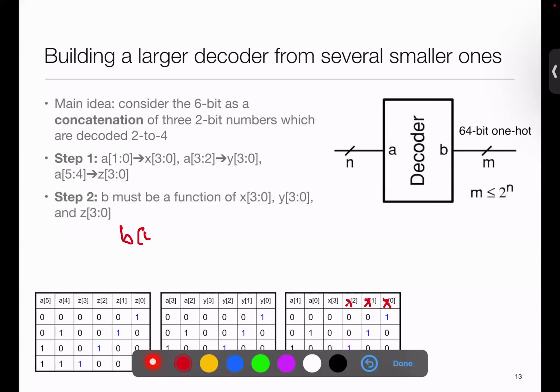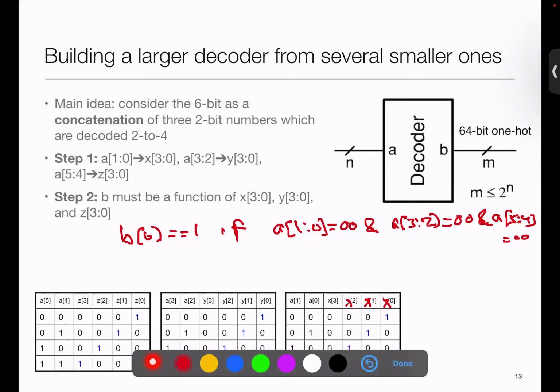I can say B0 equals 1 if A1 colon 0 is 0, 0, and A3 colon 2 equals 0, 0, and A5 colon 4 is 0, 0, which is the same as saying X0 is high and Y0 is high and Z0 is high.